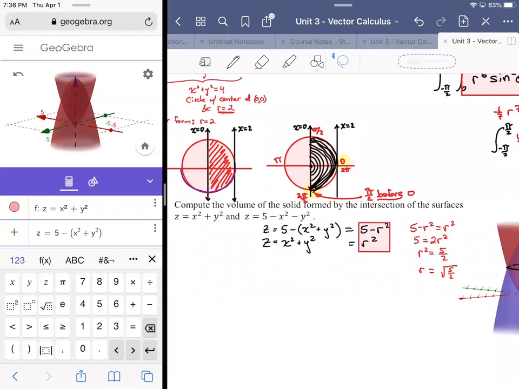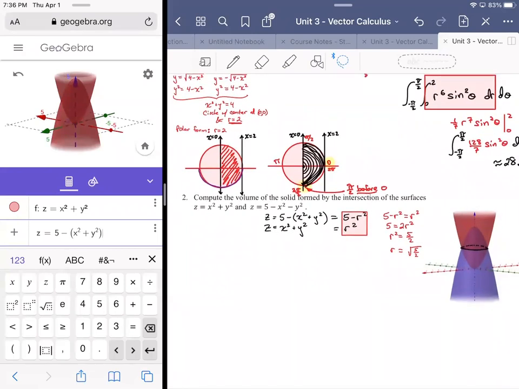Anyway, so we have an idea of the outermost part of these graphs. Now, what I want to do again is figure out the volume trapped beneath the downward facing graph and above the upward facing one.